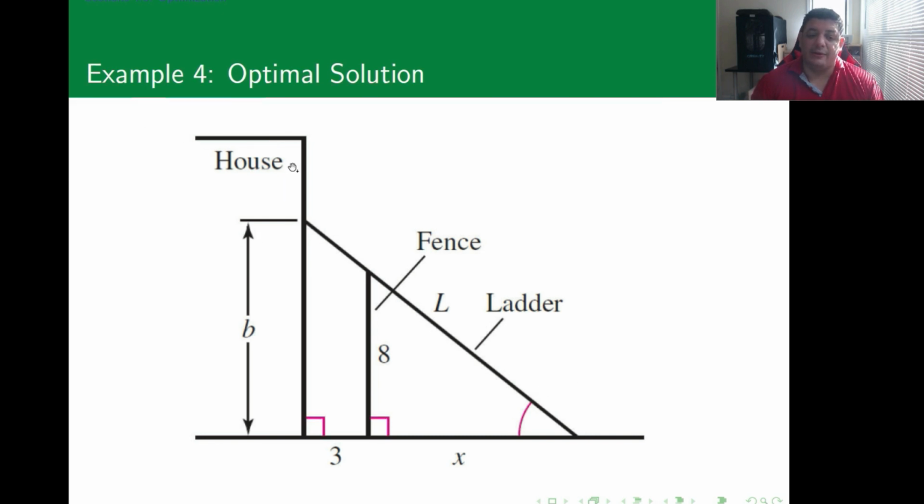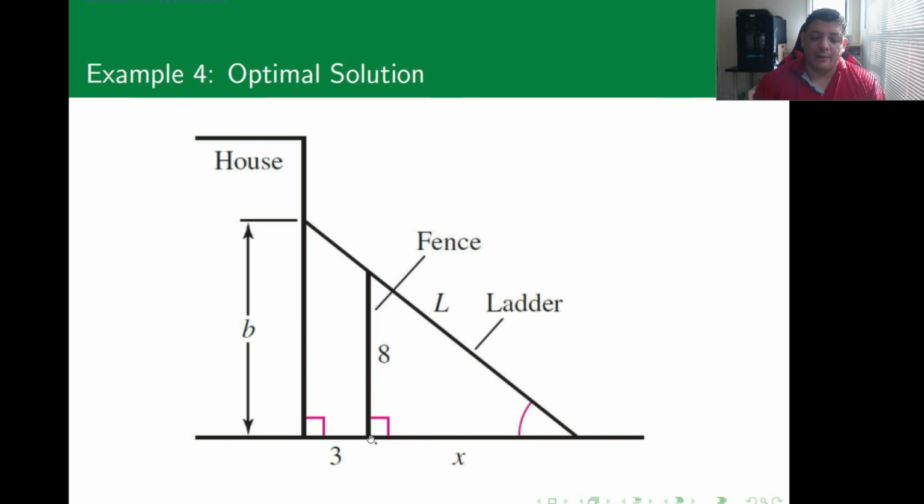We have the house here, and the house is going to be reached by the ladder at height B. This is the length of the ladder, which we call L, and we have the height of the fence, which is 8 feet, and the distance between the fence and the house, which is 3 feet.